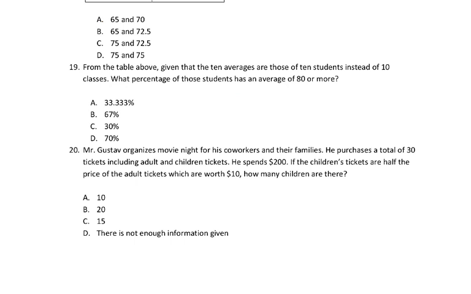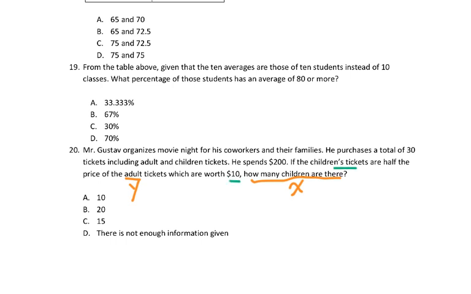For number 20, for this question, suppose we put X for the number of children. For adults, we put Y adults. And we know that an adult ticket is $10.